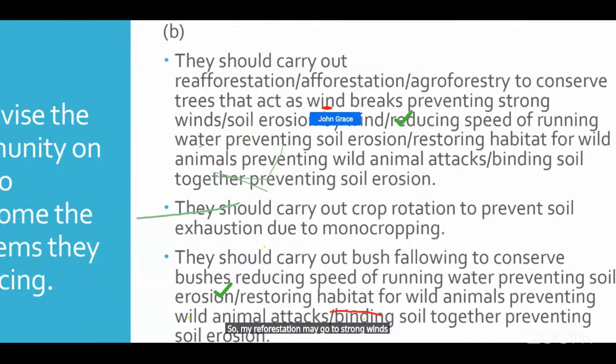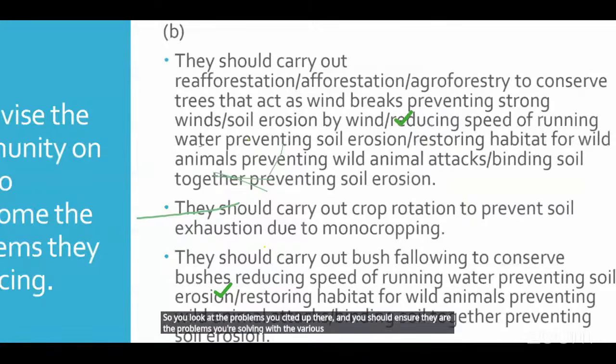Then my afforestation may go to controlling soil erosion. My agroforestry may go to reducing speed of running water. My afforestation may go to restoring habitats for wild animals, and so on and so forth. So you look at the problems you cited up there, and you should ensure they are the problems you're solving with the various activities you advise them to do.